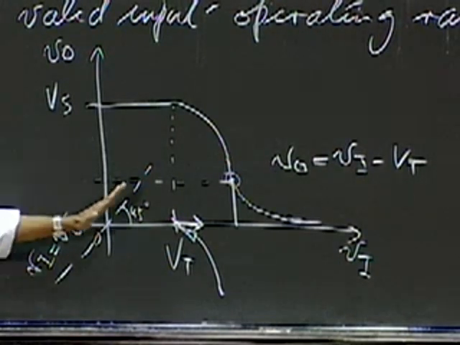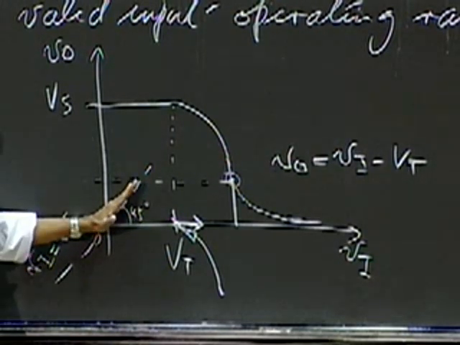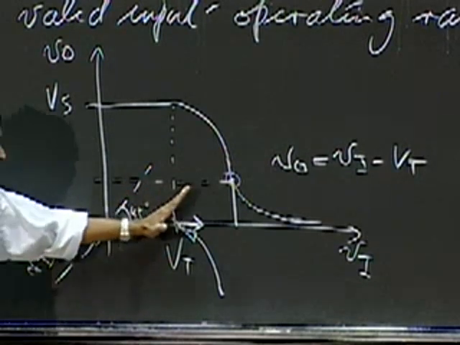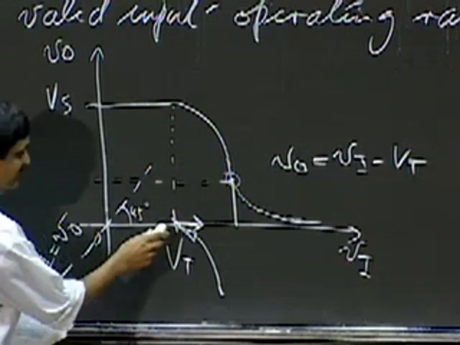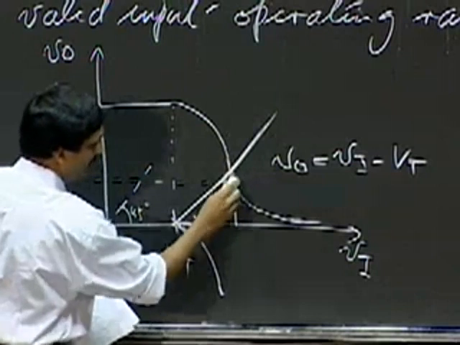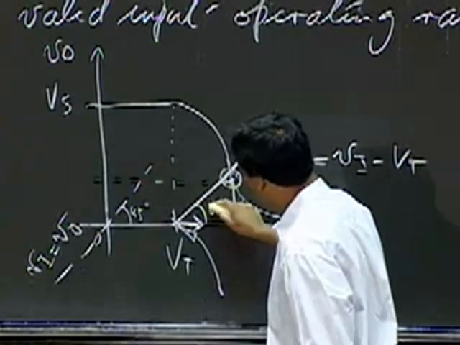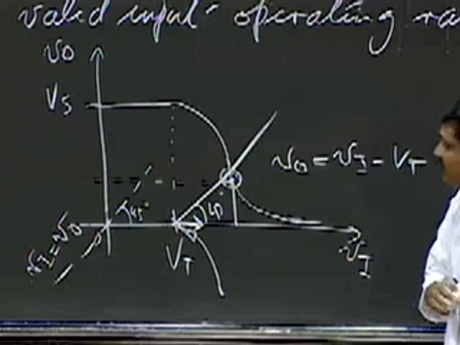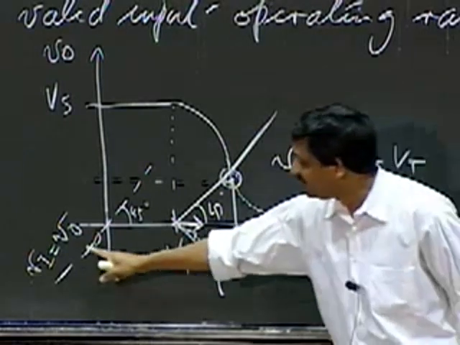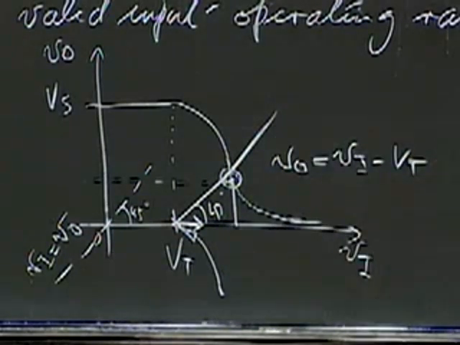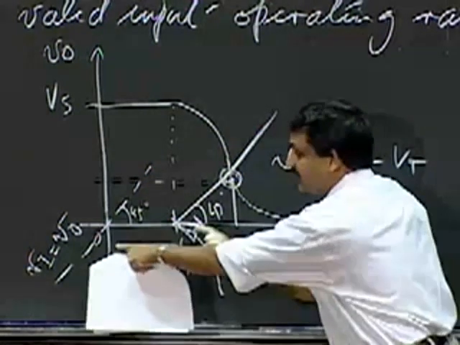And if I take that line, the Vi equals V naught line, and begin translating it to the right, let's take a line here, and a line there. That line will be simply V naught equals Vi minus Vt.